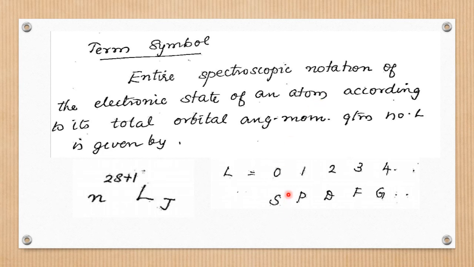So here we choose capital letters S, P, D, etc. So this is the entire spectroscopic notation of an atom, right?